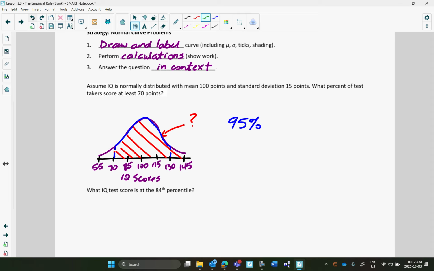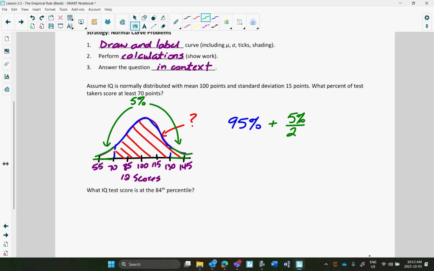If this is 95% within 2 standard deviations, what percent is outside? 5%. Both of those are represented by 5%. But I don't want to include this section. I only want to include this one. So therefore, I would add 5% divided by 2.